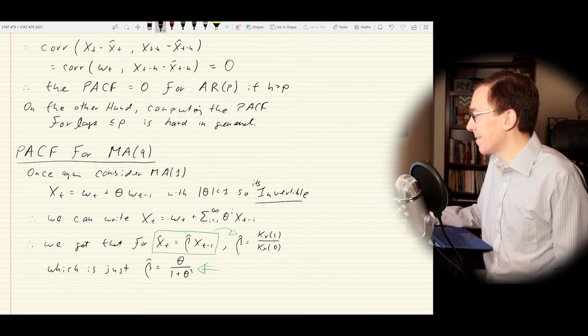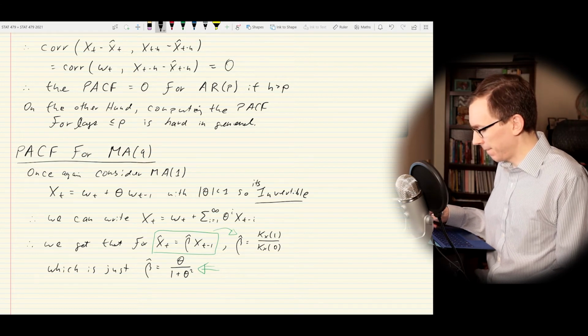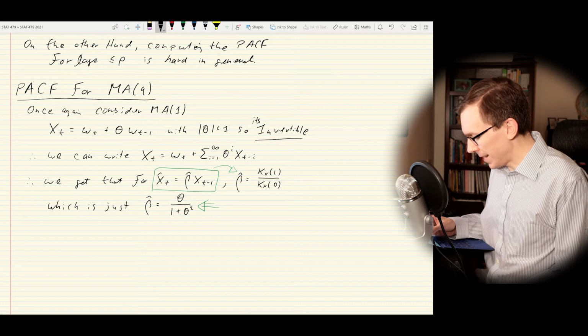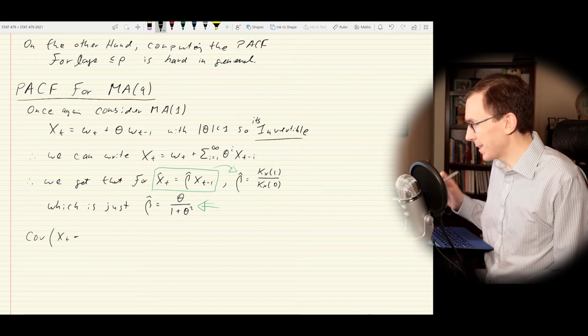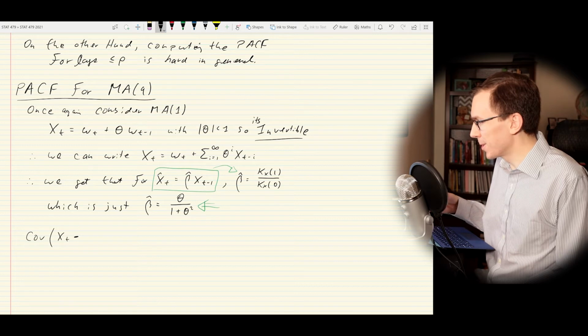All right, so now that we have that, we can just fight our way through computing a covariance, or I guess a correlation. Well, covariance. Now if I compute the covariance between xt, I want the covariance because it's easier to work with than the correlation, and then we can always normalize at the end if we really want to.